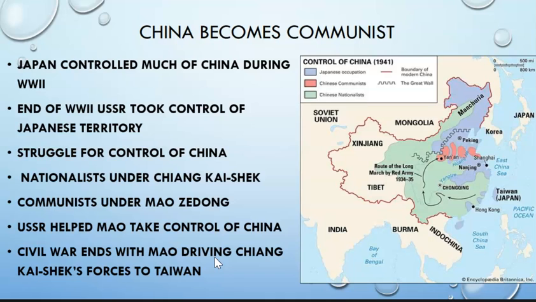In the midst of this Chinese Civil War, Mao will eventually drive the nationalist forces out of mainland China onto the island of Taiwan. And that's still where they are today. Taiwan is still an independent country, although it lives under the shadow of communist China.